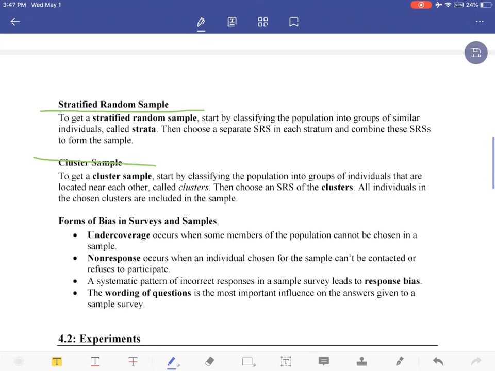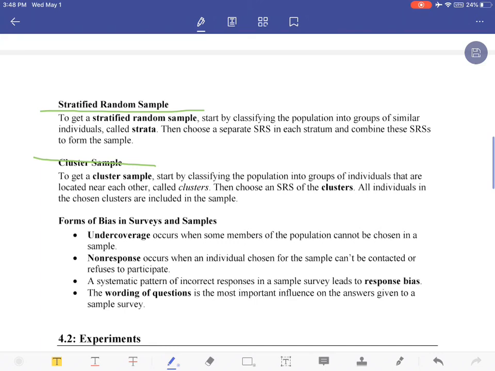So it makes it easier. And then we randomly select a certain number of those clusters, those groups, to include in our sample. So let's say I wanted 60 students in my sample. I would randomly select 3 different PLT classes from school and include everybody from those classes in my sample. So once you randomly select the clusters, you have to include everybody in that cluster in your sample.